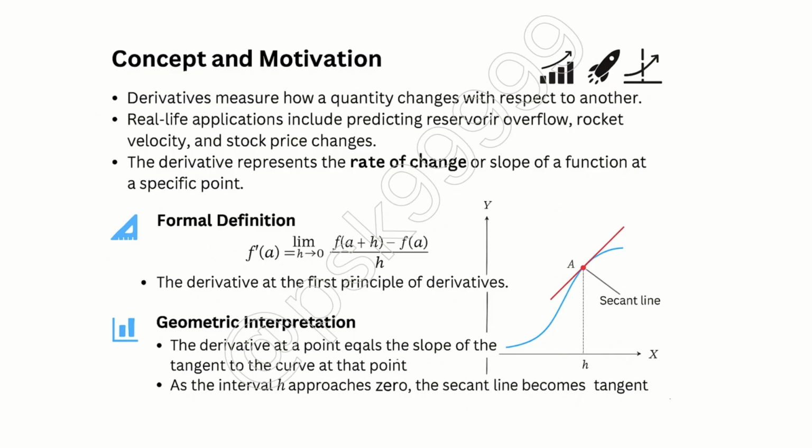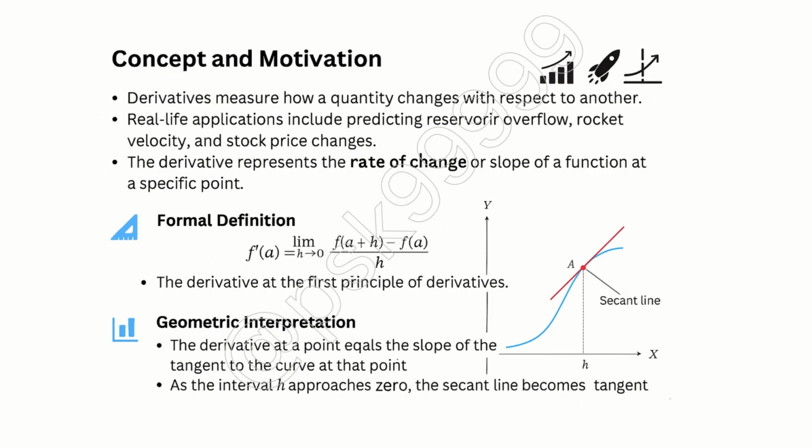Now, if you see the graph here, I am calling this a secant line. Why is it a secant line? It looks like a tangent, right? Let's say you have a curve like this, and you cut the curve with a line at two places.